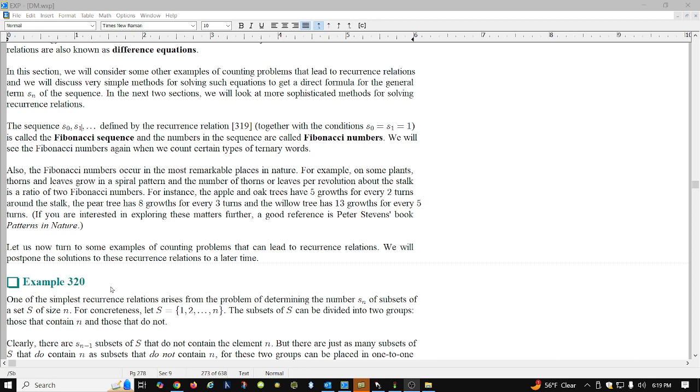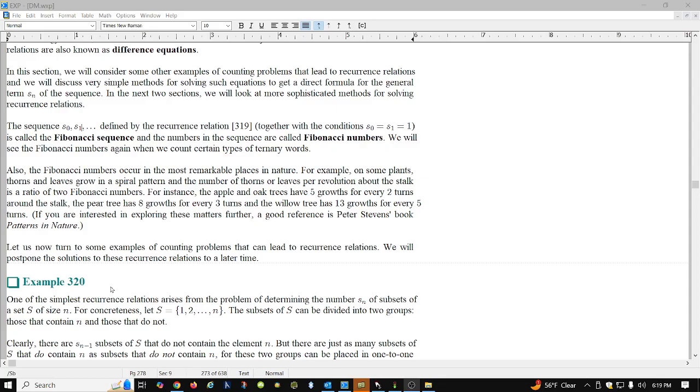For example, on some plants, the thorns and the leaves grow in a spiral pattern, and the number of thorns or leaves per revolution about the stalk is a ratio of two Fibonacci numbers.